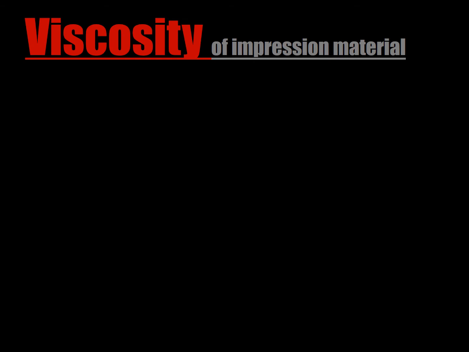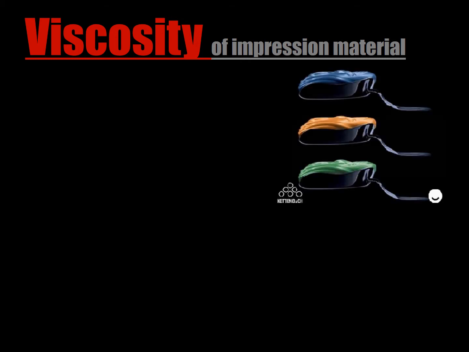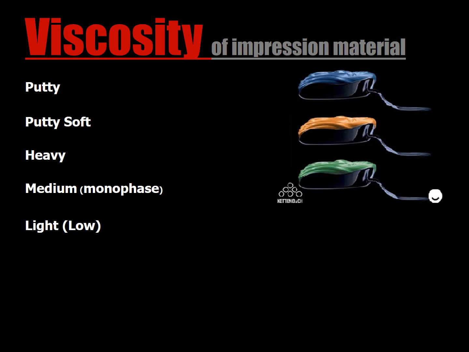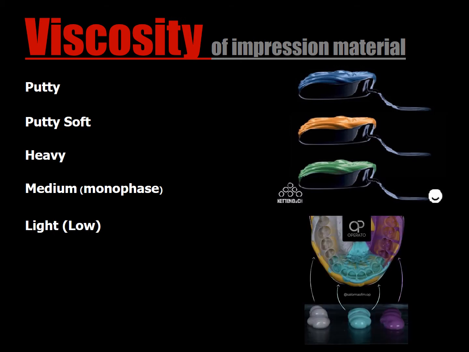Concerning the viscosity of impression material, we have different viscosities. We have the putty, putty soft, heavy, medium or monophase or regular body, light body or low consistency, and extra light body or wash material.